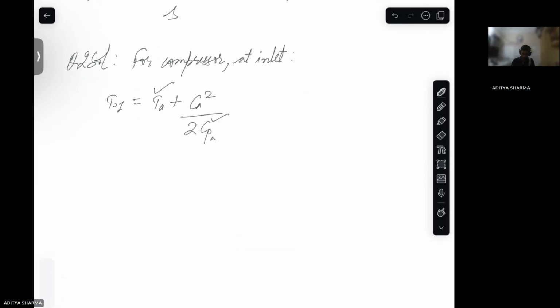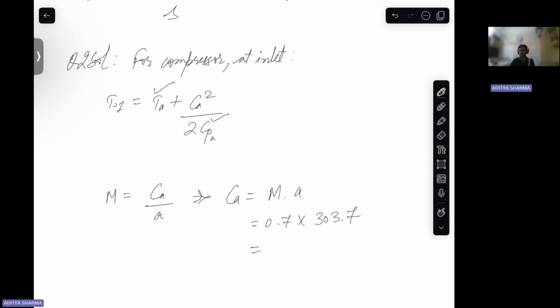So now Mach is Ca by A, implies Ca is Mach into A, 0.7 into A. A is given as 303.7 at 9,000 meters.